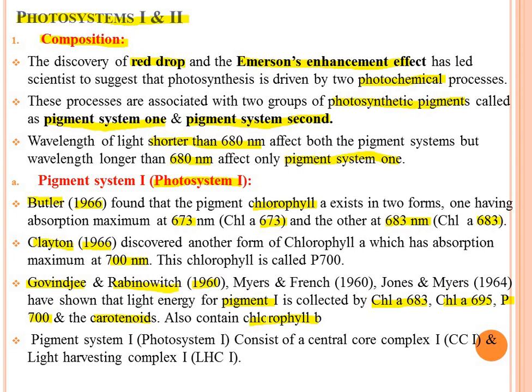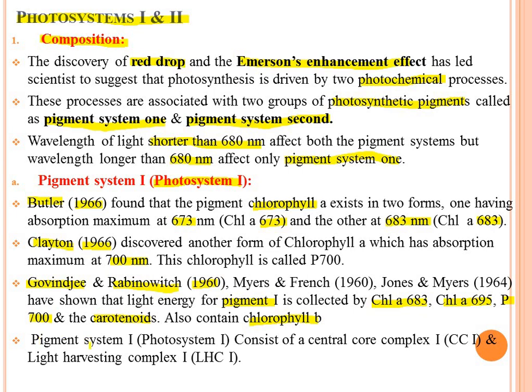They only receive the light and transfer it to chlorophyll A. They do not convert it into chemical energy. Means they get the light in the form of photons and directly transfer it to chlorophyll A. Therefore all these molecules are known as accessory molecules. They are not the main reaction center. I hope you understand the concept.